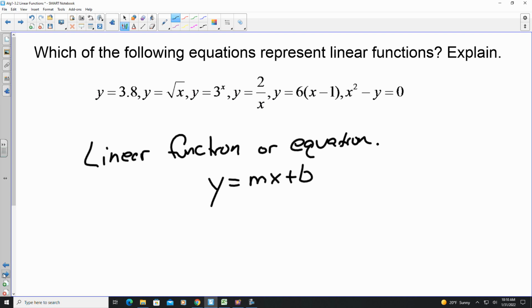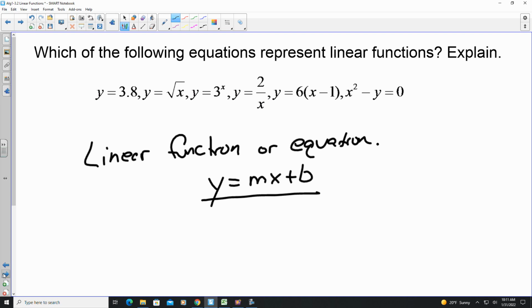A couple things that we have to take into account when we see a particular equation that could potentially look like a linear function or linear equation. For one, y is by itself, x is in the numerator, x is raised to the first power, and you have a constant value b, which in this case would be like the y-intercept.